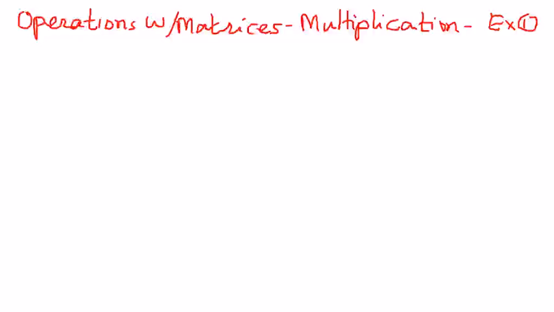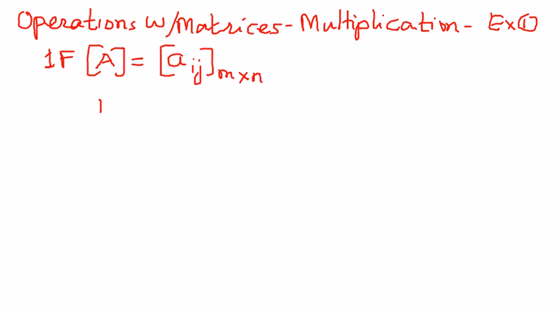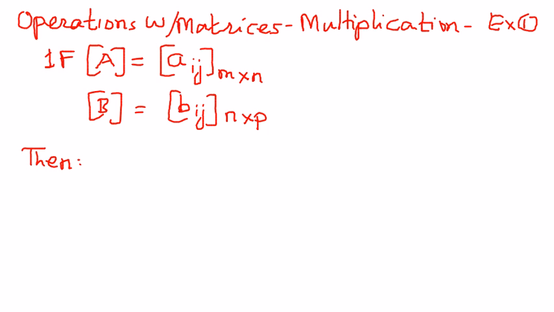Matrix multiplication can be performed if we have a matrix A with elements Aij, and if this is an M by N matrix, and if B is another matrix which has elements Bij in it, and it is of size N by P, then we can write the product of these two matrices as follows.